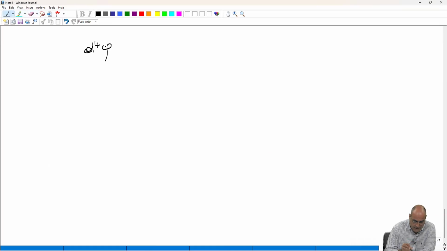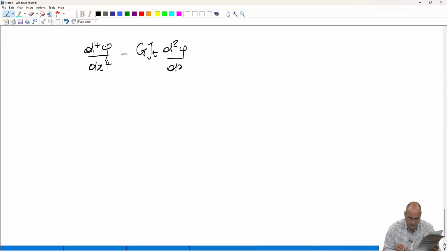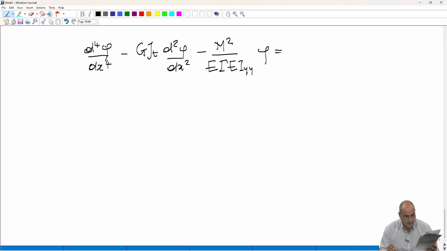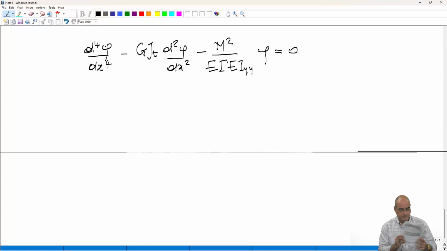The fourth derivative of phi with respect to x, minus GJt times the second derivative of phi with respect to x squared, minus m squared e times capital gamma, which you have written there, times phi equal to 0.